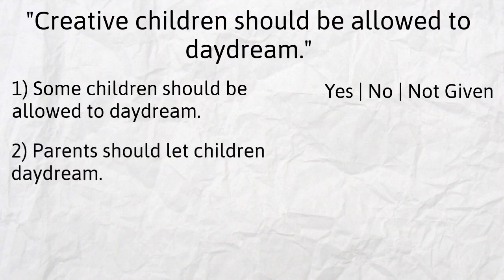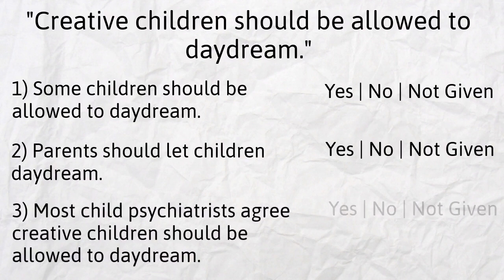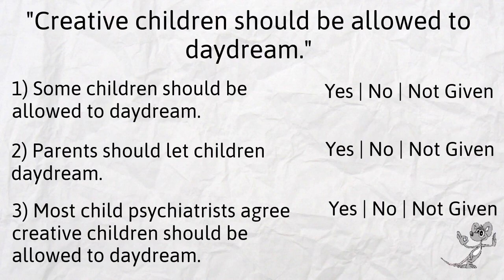Parents should let their children daydream. Most child psychiatrists agree creative children should be allowed to daydream. Now, read through each statement and try to determine what specific words will help you decide if the answer is yes, no, or not given. Here's a hint. They are often the little words.